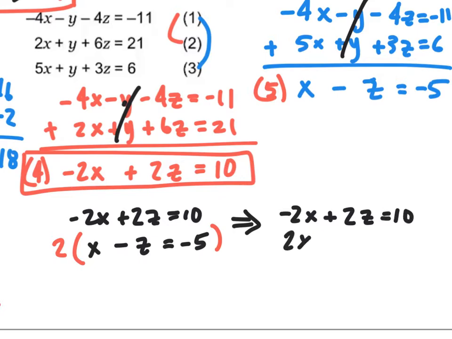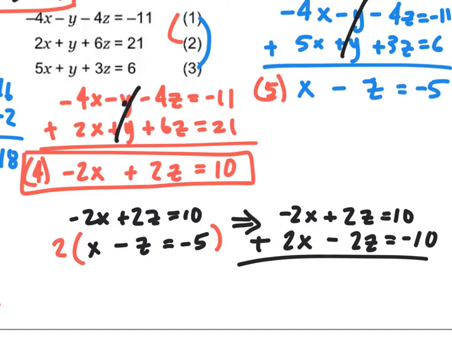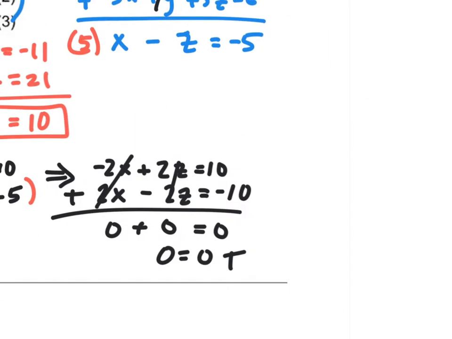This gives me positive 2x minus 2z is equal to negative 10. So if I add those together, I get 0 plus 0 is equal to 0. So I get 0 equals 0. That's a true statement. Therefore, we have infinite solutions.